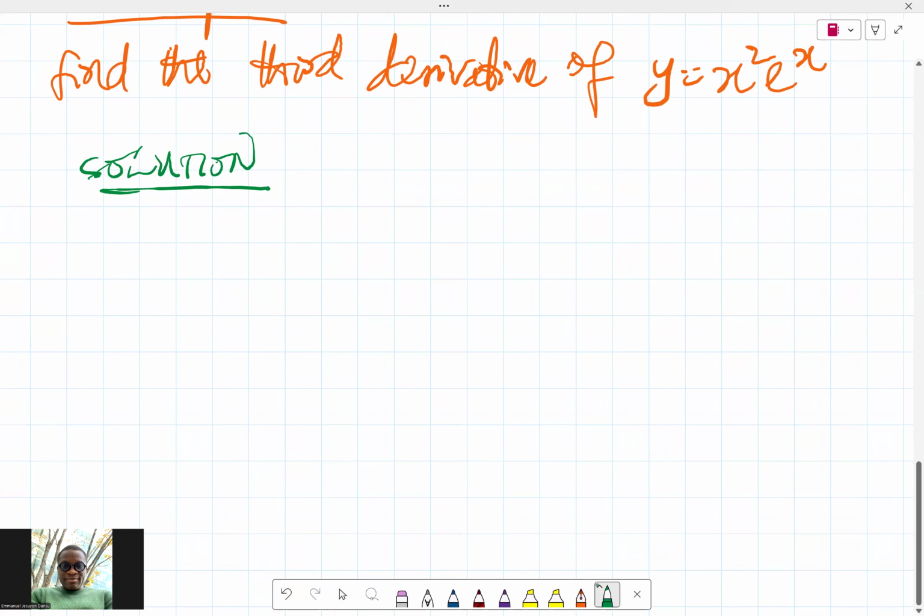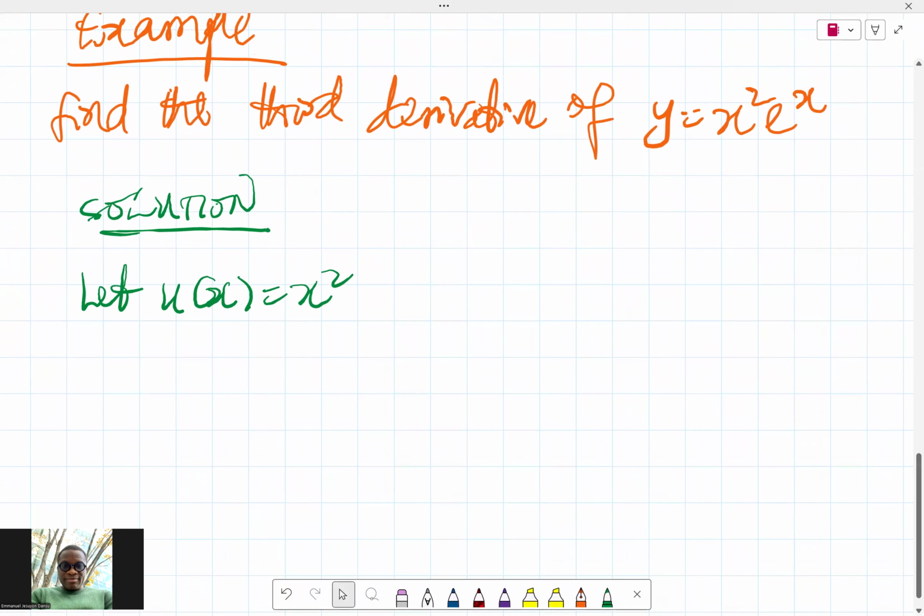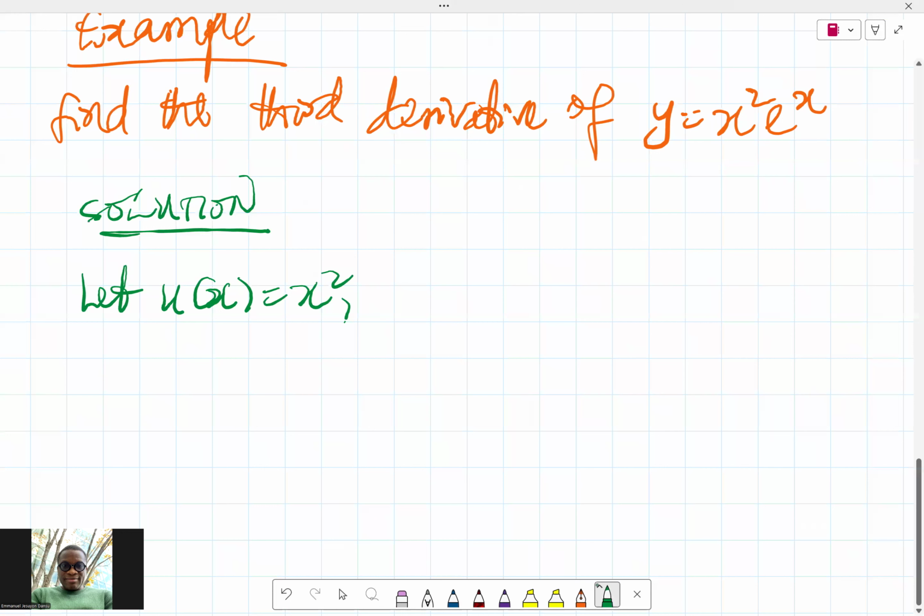So first thing, we can say let u be equal to x squared, right? And since we are talking about the third derivative, just do three derivatives like that. So u of x is x squared.